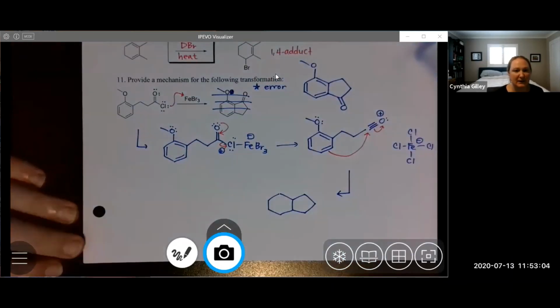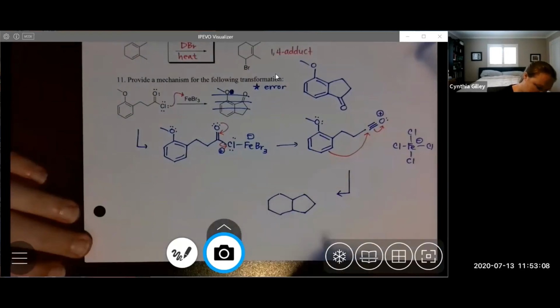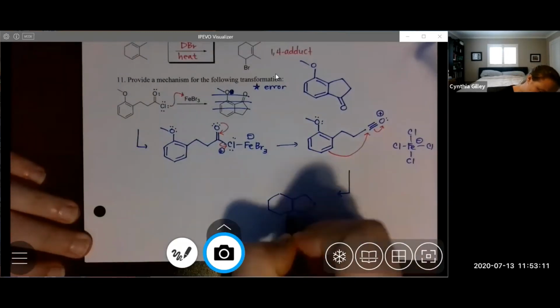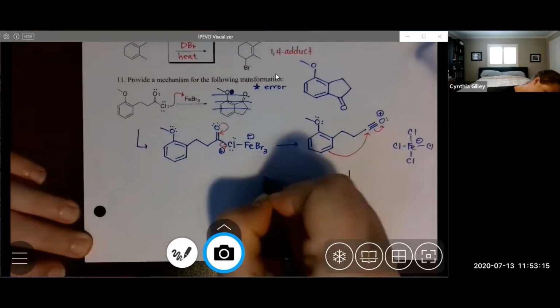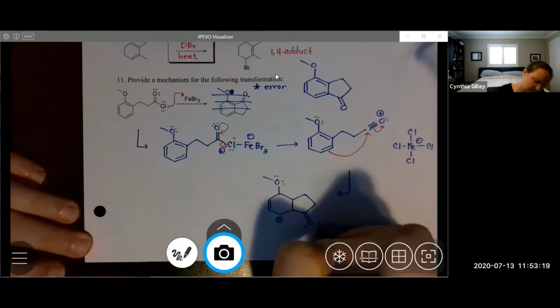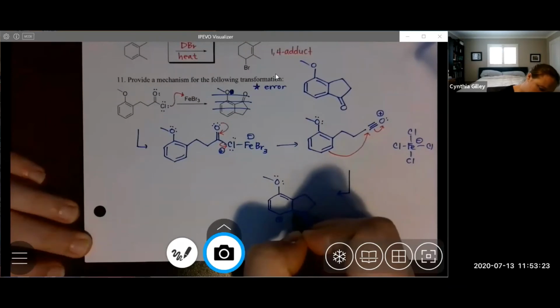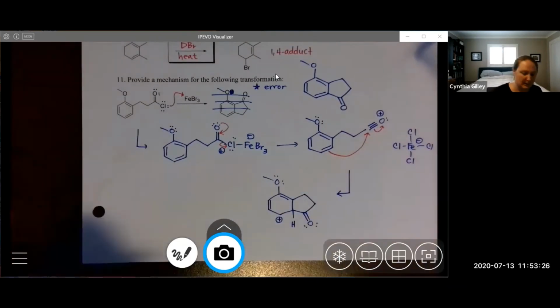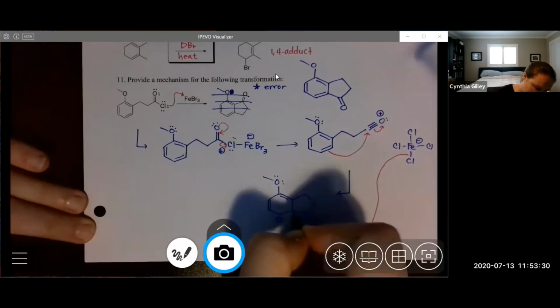This I also did not recognize before. All right, moving on. So we have the positive charge here, and here. The last step is deprotonation by chloride and reform the aromatic.